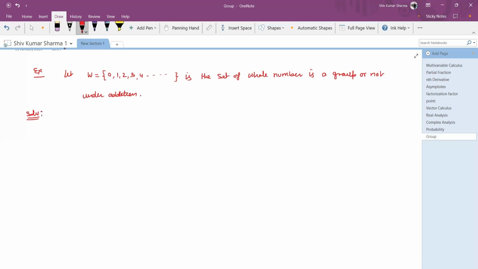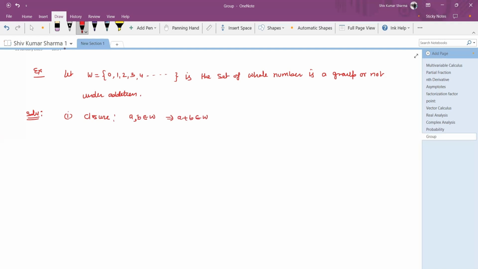Okay. So we take the first property, that is the closure. For closure property, we know that if a and b belong to W, which implies that a plus b also belongs to W. This property is satisfied.